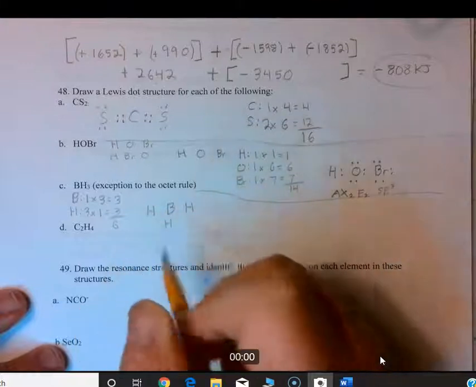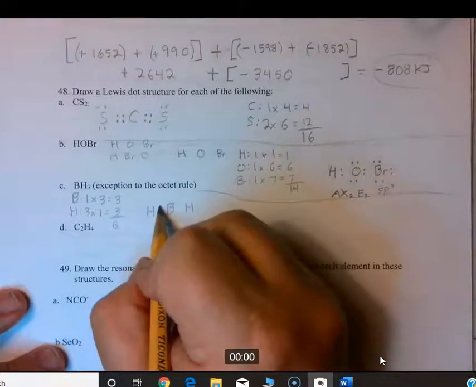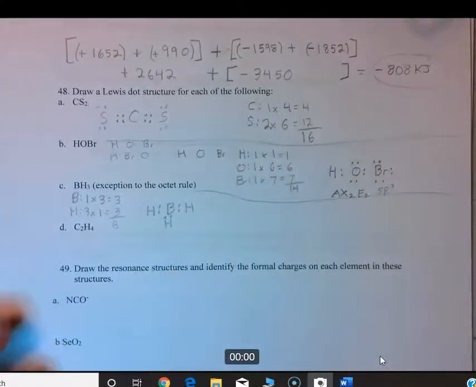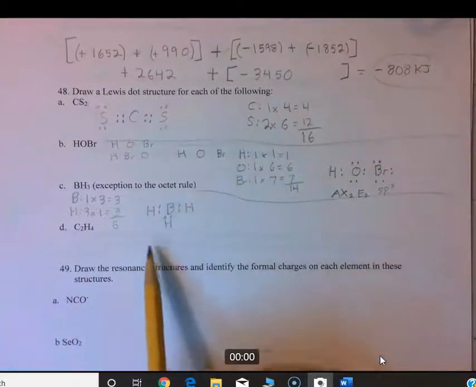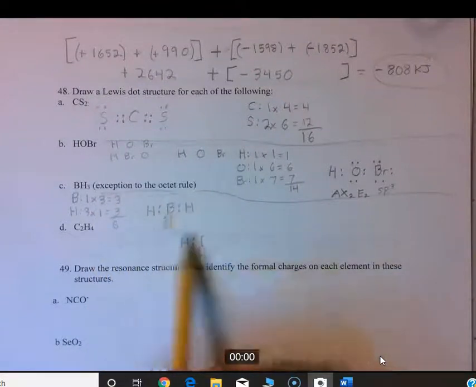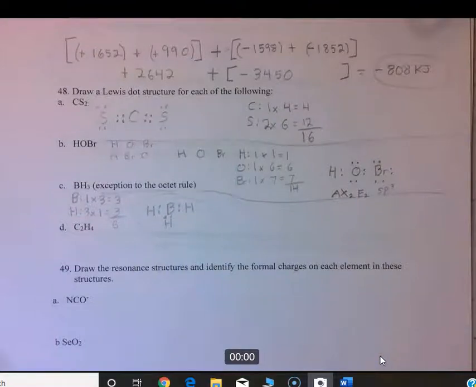So we'll just put them like that. We have 6 electrons, so you need a pair there to bond, a pair there to bond, a pair there to bond. Well, we've used up all 6. And boron still doesn't have an octet. It's because boron is an exception to the octet rule. So that is your final answer right there.